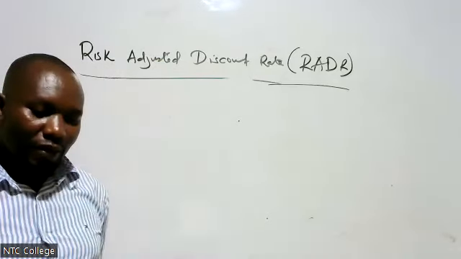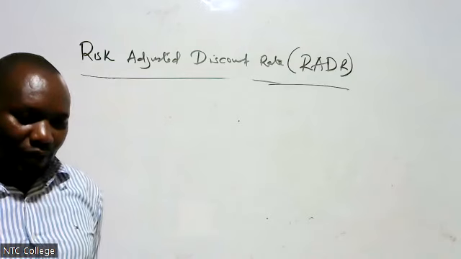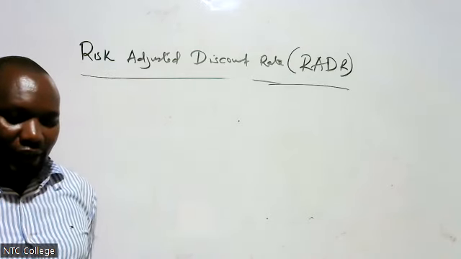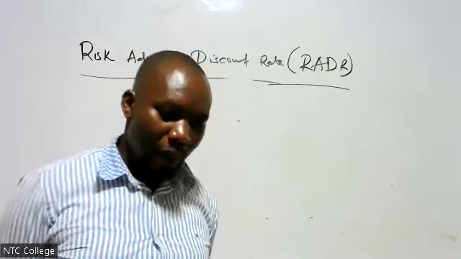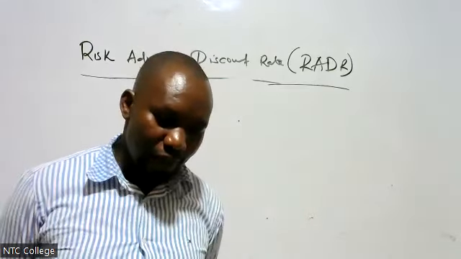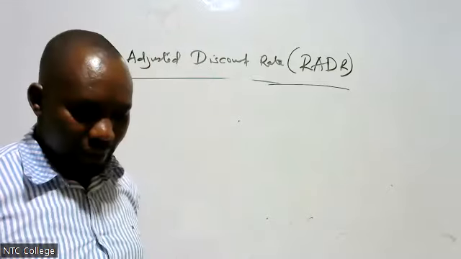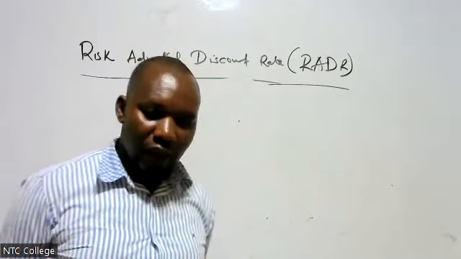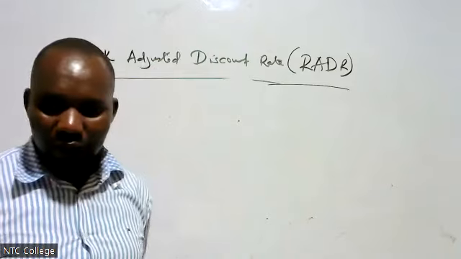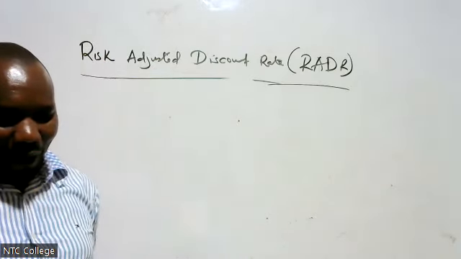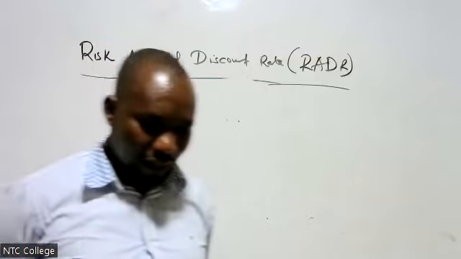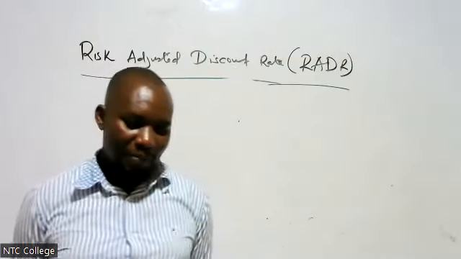Which kind of risk do you think we are exposed to? So we have written RAD is equal to RF plus (KO minus RF) times the risk index. And we say that KO is the cost of capital and RF is the risk-free rate of return.